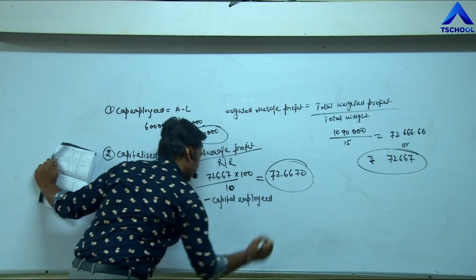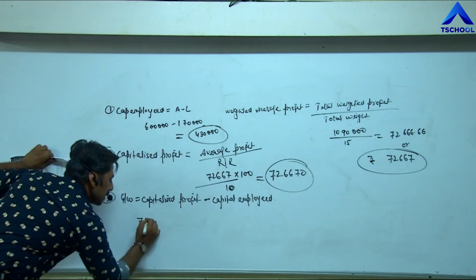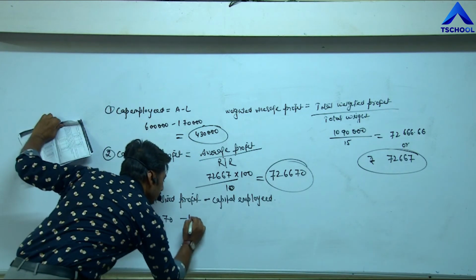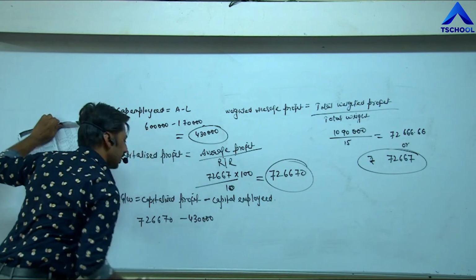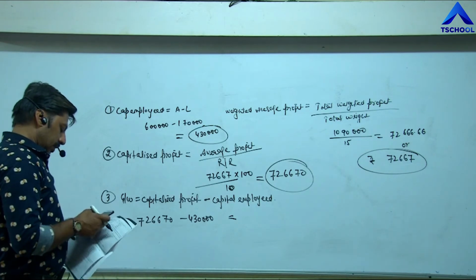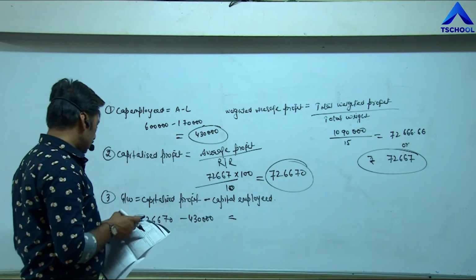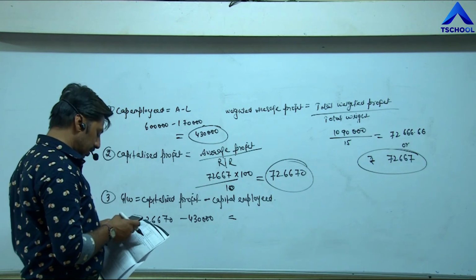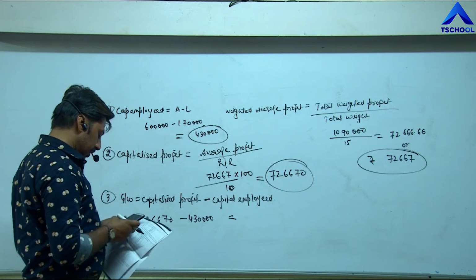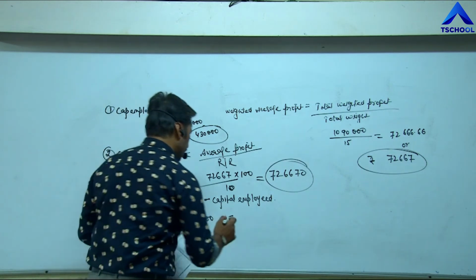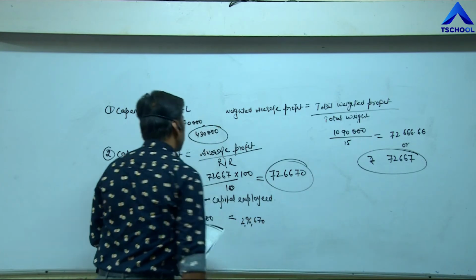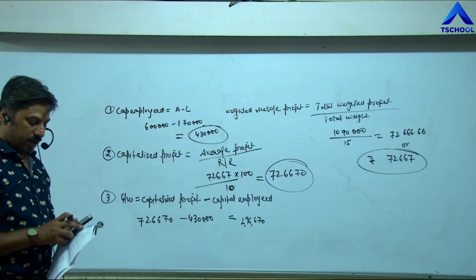Capitalized profit is 7,26,670 minus capital employed 4,30,000 is equal to 2,96,670. This is the final answer of goodwill.